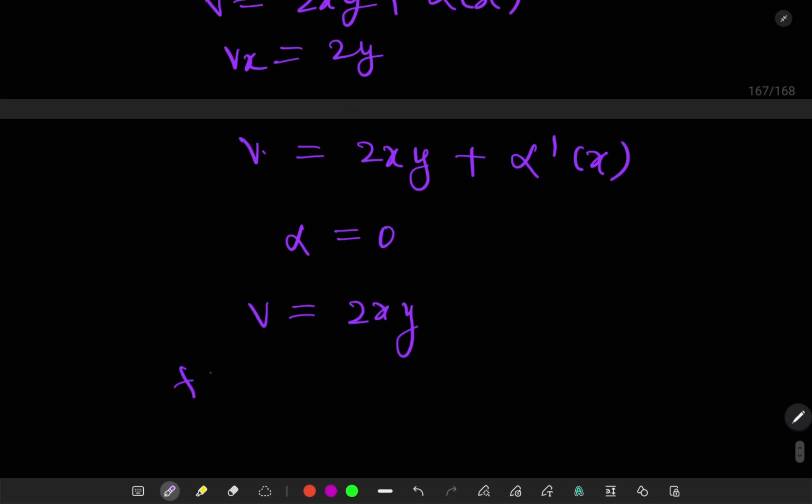So f of z becomes u plus iota v, which is equal to this, plus iota 2xy.